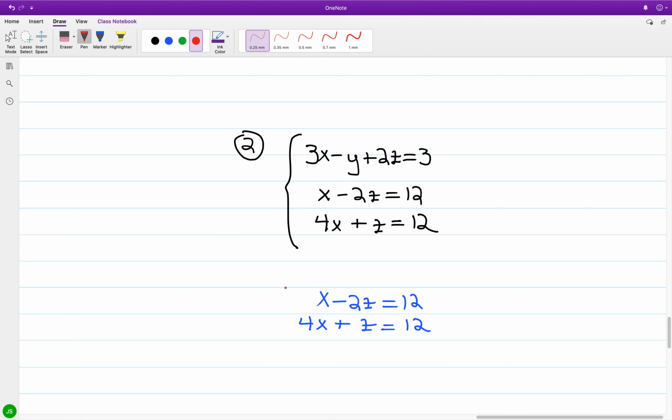So to keep everything in proportion and intact, I'll multiply the first equation by negative 4. So for the first equation, we're going to have negative 4x, then negative 4 times negative 2z will be a positive 8z. Negative 4 times 12 is going to be a negative 48. So you have this first equation with everything multiplied out by negative 4. And then just duplicating the second equation.